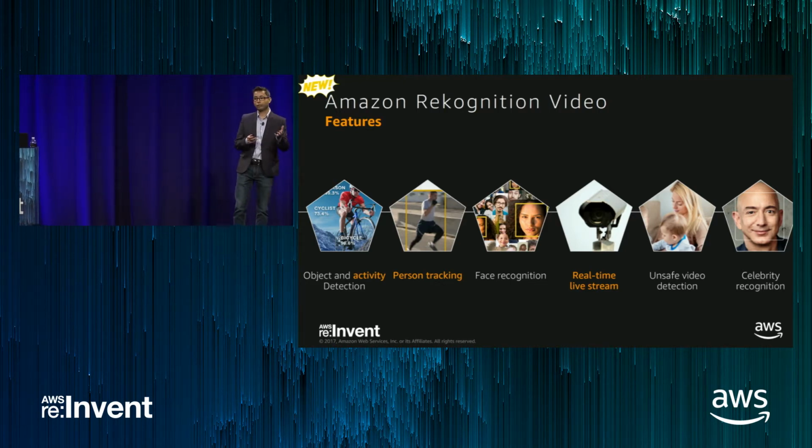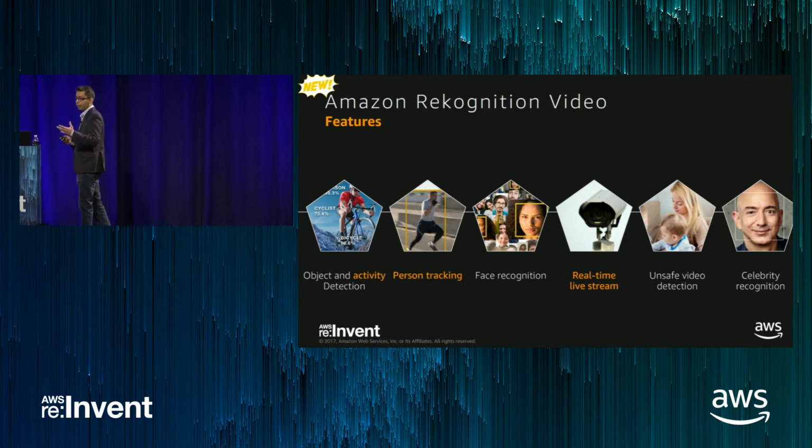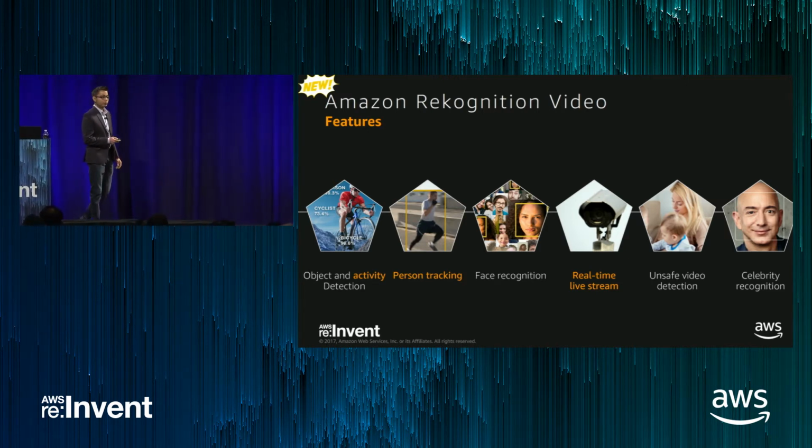You can ingest the video through the Kinesis video stream, process it using Rekognition, and then send back the results on the stream again. And all of these APIs give you data along with timestamps. So now you can figure out what is happening in each segment of the video specifically.